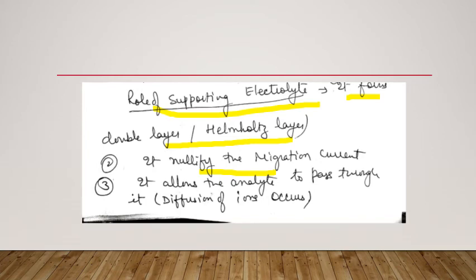It only allows your sample or analyte to come over the drop and the reaction to take place. So it allows the analyte to pass through it, and diffusion of the ions takes place.